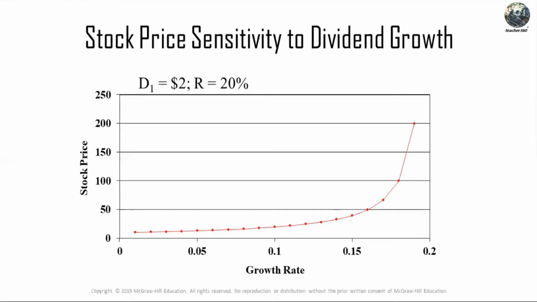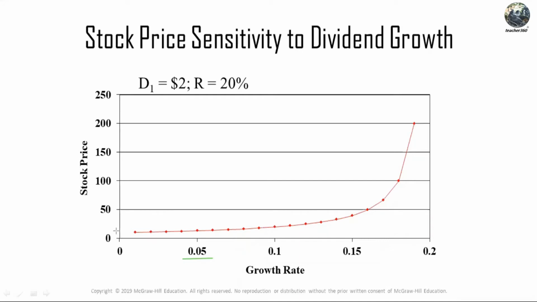When your growth rate is 5%, the stock price is about $10.